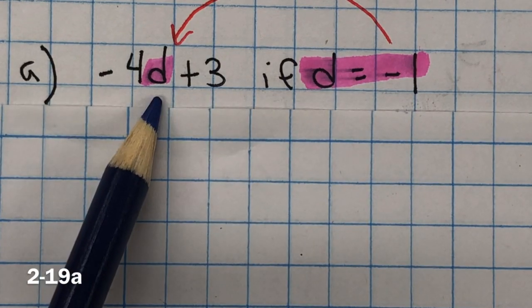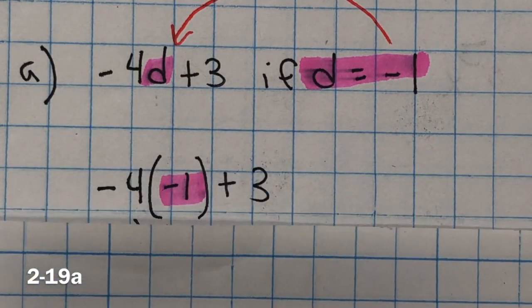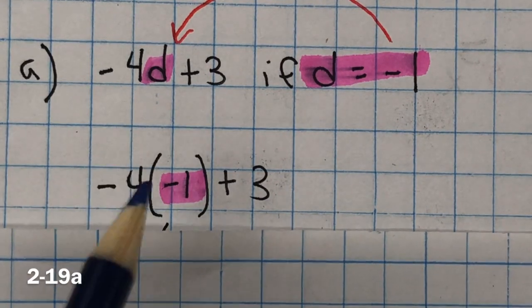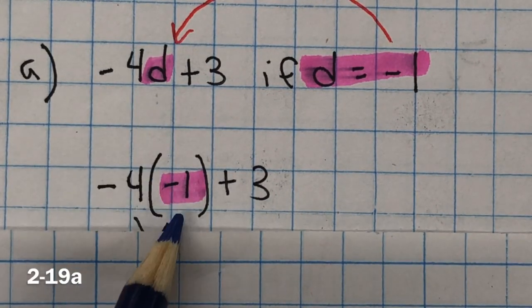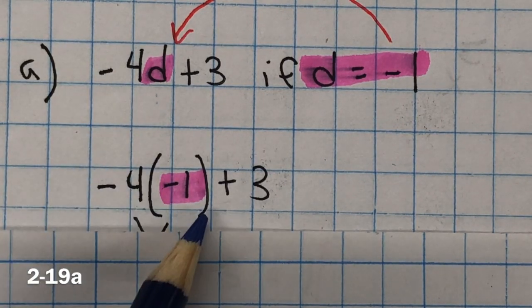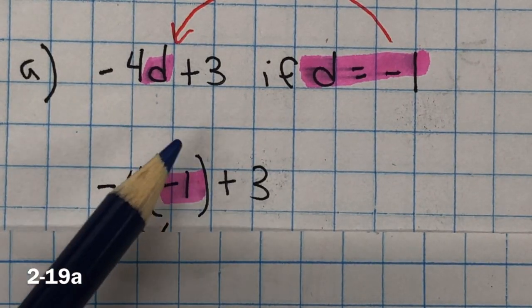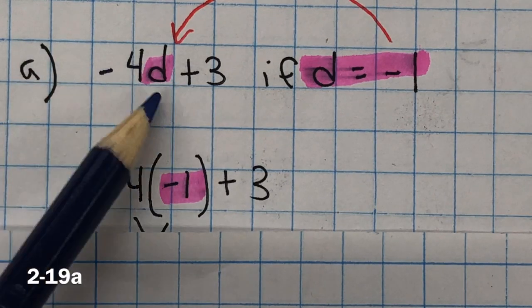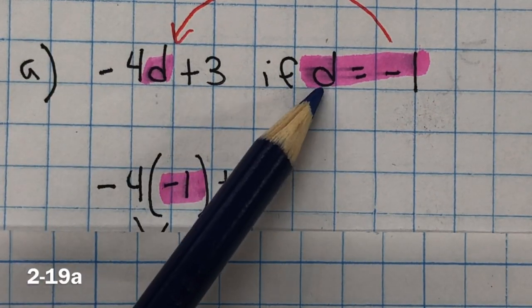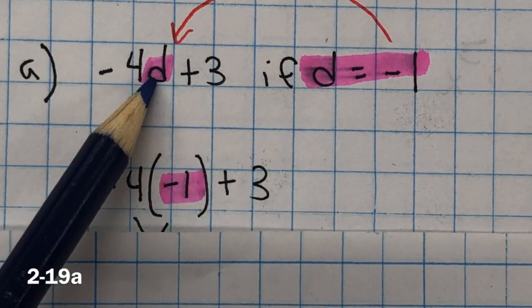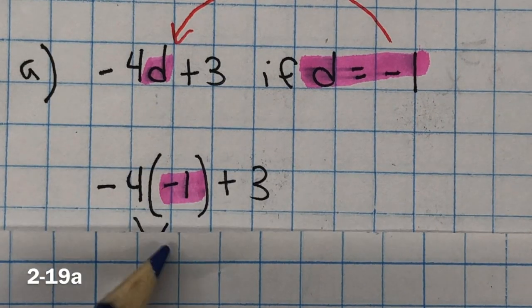Here was d, now we replace it with -1, and I put it in parentheses. I always get into the habit, regardless of the expression or equation, I always put the variable in parentheses when I evaluate.